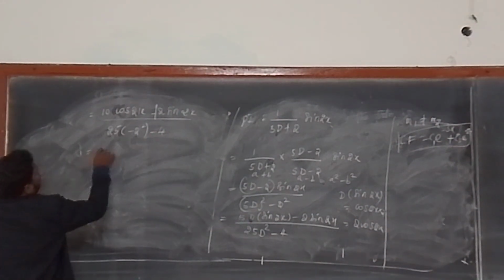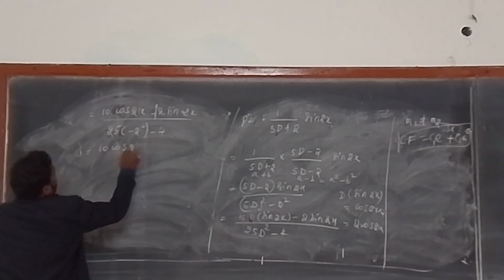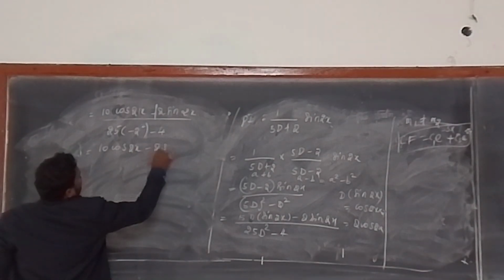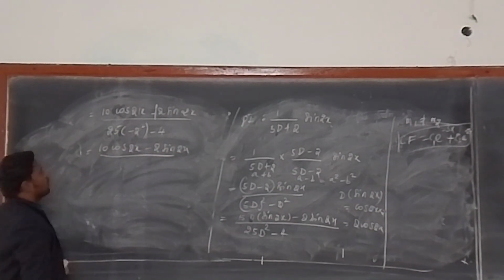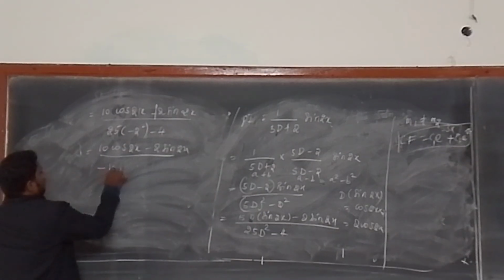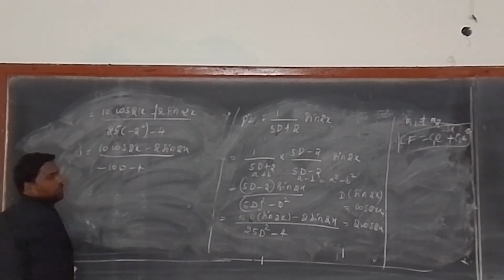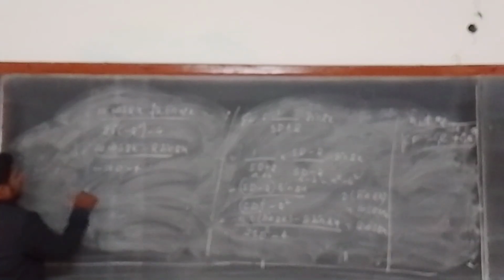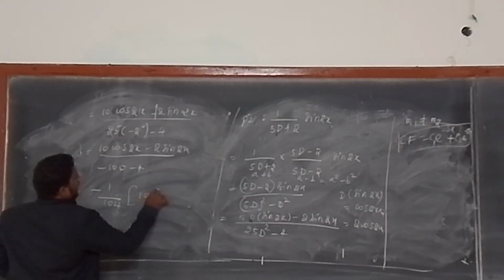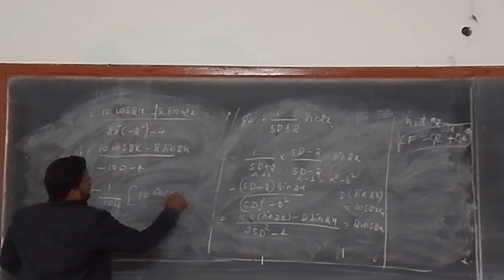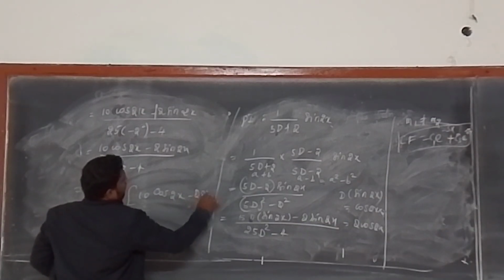So that is equal to 10 cos 2x minus 2 sin 2x divided by 25 into minus 4, which is minus 100, minus 4. So that is equal to minus 1 by 104 into 10 cos 2x minus 2 sin 2x.